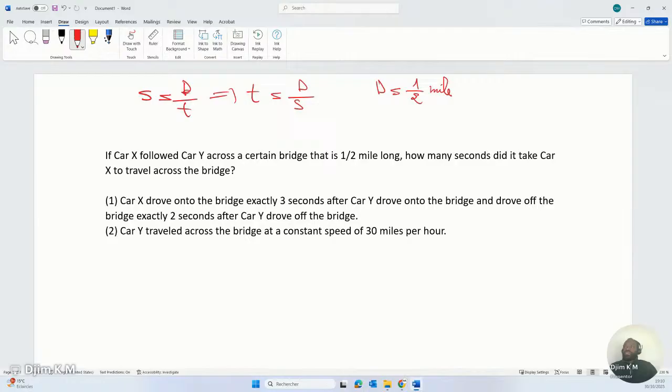Okay, 2 seconds after car Y left, car X drove off the bridge.